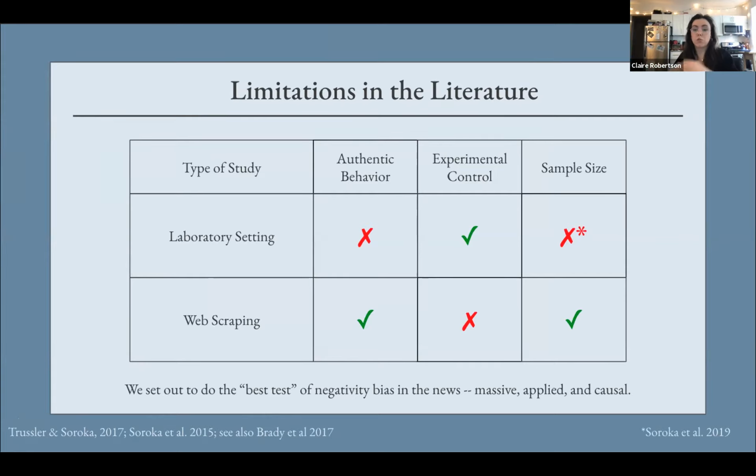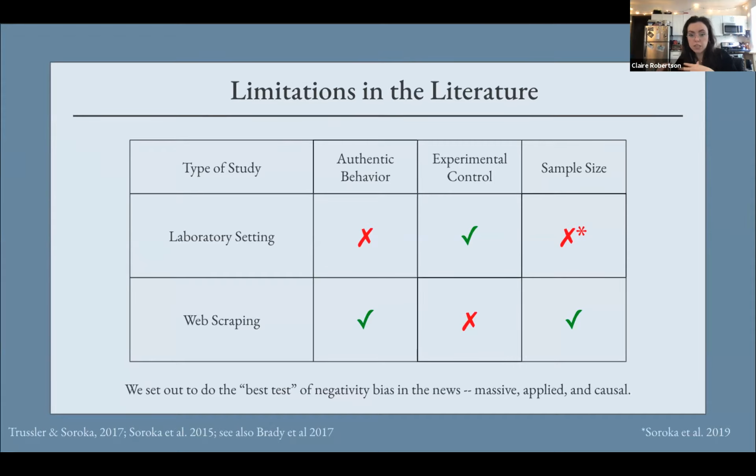Second, many of the larger web scraping studies lack experimental control, and specifically, they lack the ability to adjust for the topic of the headline. Lastly, some, although not all, of the laboratory studies that have been conducted have quite small sample sizes. So my colleagues and I set out to create the quote unquote best test of negativity bias in the news, one that is both applied and causal.